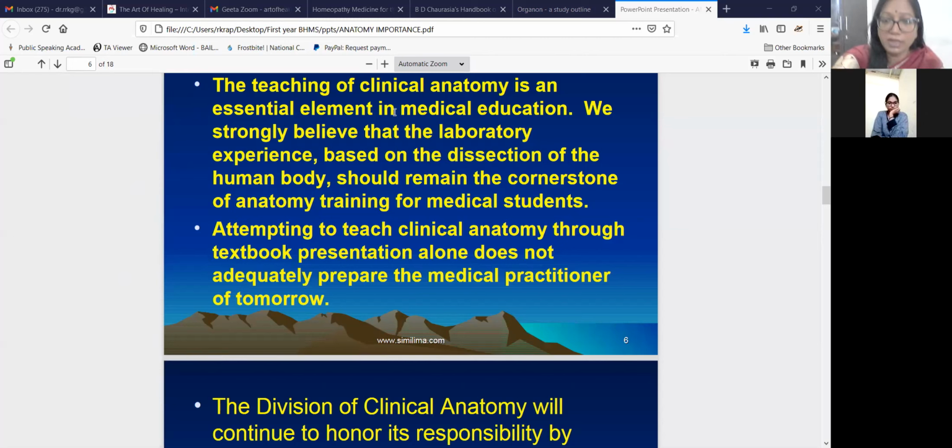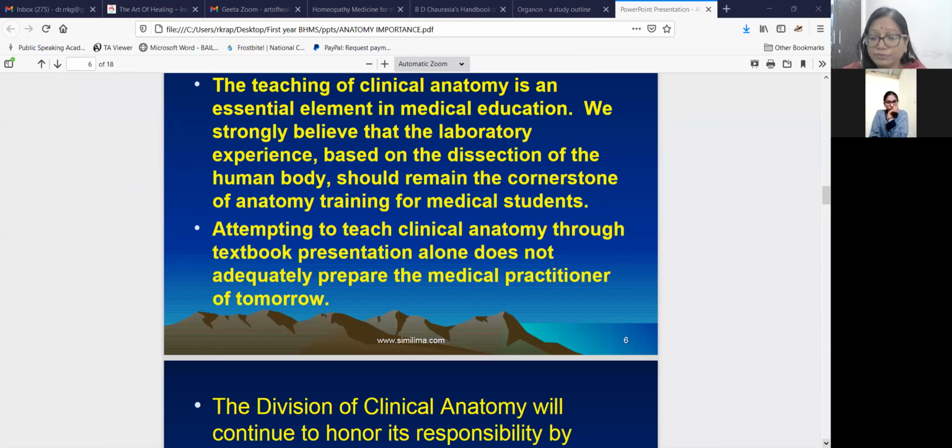We attempt to teach clinical anatomy in relation to anatomy through textbooks, but simply reading from textbooks, one will not be able to understand it. That is why dissection, practicals, and clinical anatomy are important.